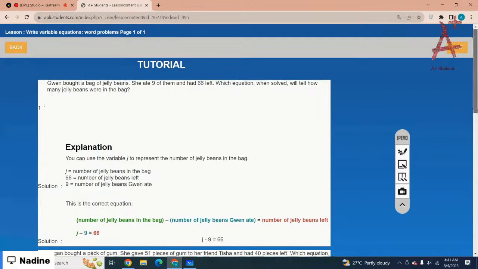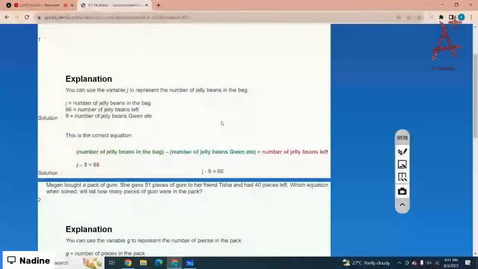The next one is, Megan bought a pack of gum. She gave 51 pieces of gum to her friend Tisha and had left 40 pieces. Which equation, when solved, tell how many pieces of gum were in the pack? You don't know the total gums in the pack, right?